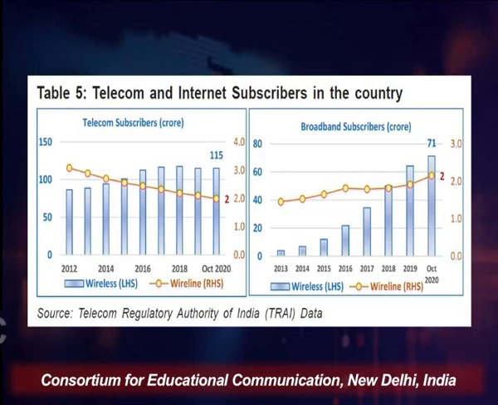There's a huge increase. And then broadband subscribers, who use internet over wireless or wired systems, you can see there's a sudden jump in the broadband subscriber level from 2013 to 2020. So this data definitely shows how much people have become internet savvy.